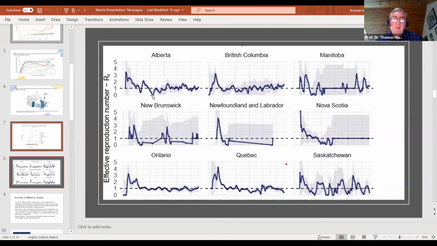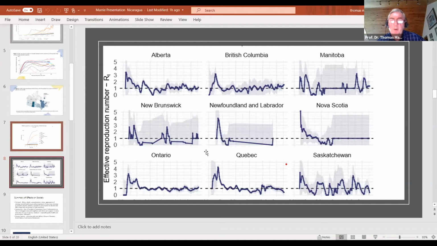And what it shows is that early on in the epidemic in Canada, or the pandemic, the R was high, and as measures were put into effect, R was reduced. But you can see in various provinces, it had upward trends further on in the course of the evolution of this pandemic, depending on various epidemiological events.